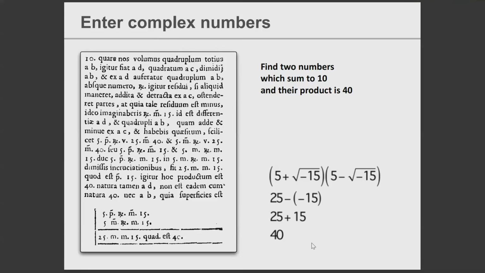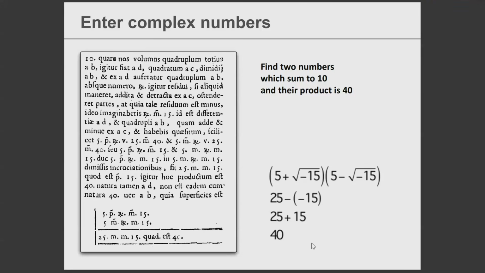The reason he started playing with what we call today complex numbers is because in this book, he is considering a problem: find two numbers which sum to 10 and whose product is 40. He works it through, and in modern notation, you can see that it involves the square root of minus 15 at some point.